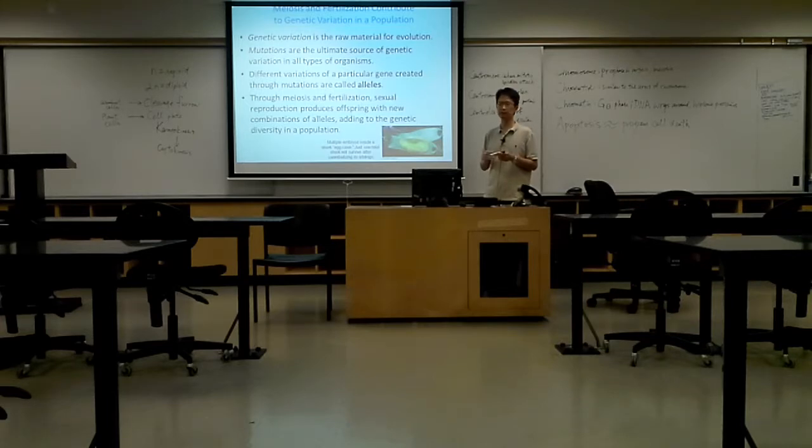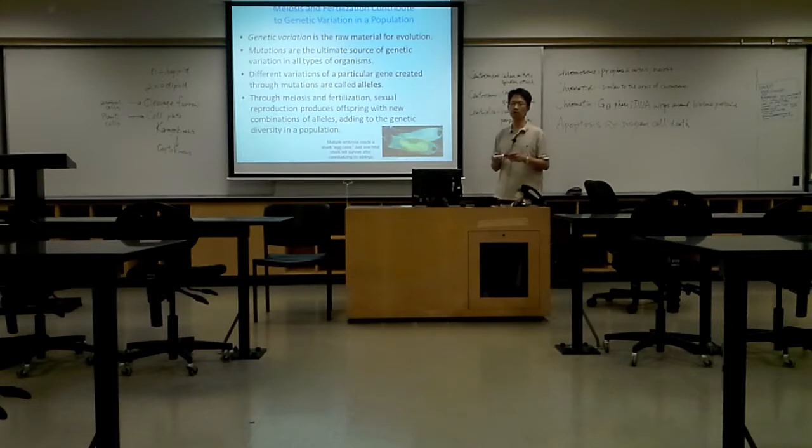If not, then we will definitely talk about it in next Wednesday's lecture. Genetic variation is important for evolution because it will increase the chances of our offspring's survival. So, the second bullet point is that mutation is the ultimate source of genetic variation.